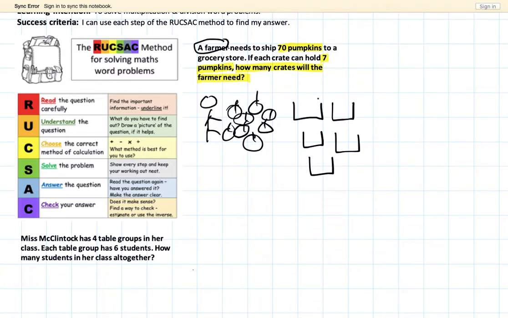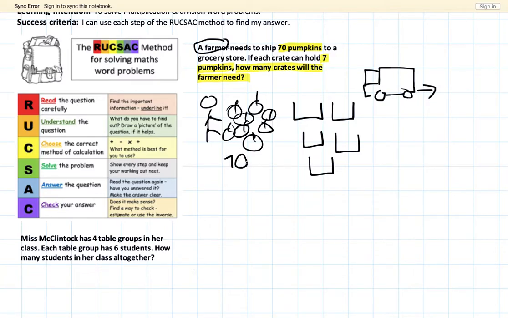Because they need to go to a grocery store. So they're going to be transported to a grocery store. It's going the wrong way. There we go.